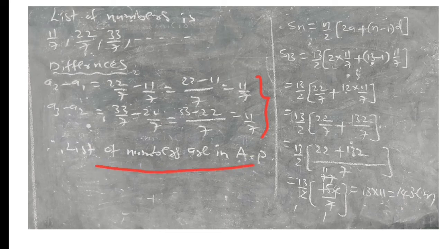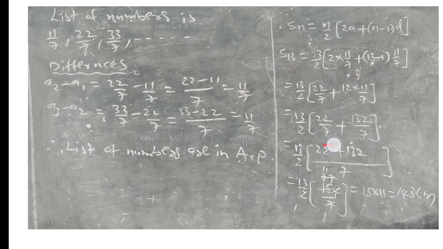Then we have to find the total length of 13 consecutive semicircles. That means S13. S13 equals 13 by 2 into 2 times the A value 11 by 7, plus 13 minus 1 into D value, the common difference, that is also 11 by 7. So 13 minus 1 is 12 into 11 by 7; here 22 by 7 plus 12 elevens are 132 by 7.